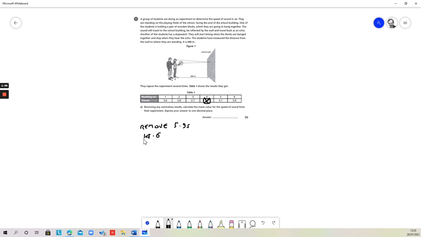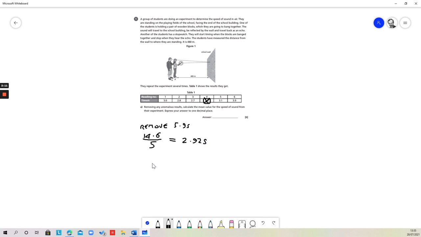And we need to divide that by the number of readings. Now, of course, we now only have 5 readings that we're using because we've eliminated this one here. So we divide that by 5, and that will give you the mean value for the time interval, and that comes out at 2.92 seconds. So that's the mean value for the time.